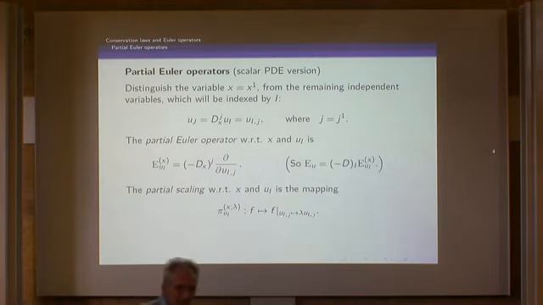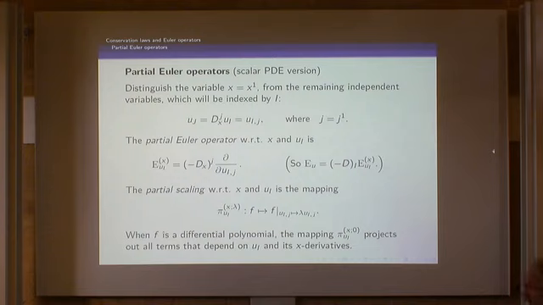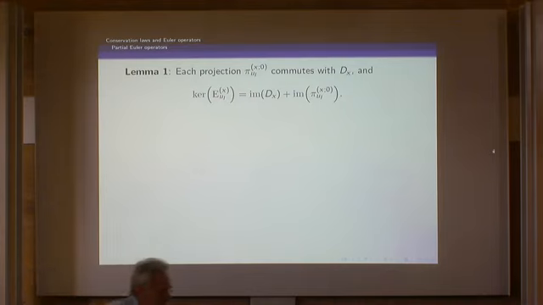But I ignore the other terms, treat them as if they were constants. That's my partial scaling rather than full scaling. Now, in the case that f is a differential polynomial, what will happen is that if I set lambda to be 0, that map projects out all the terms that depend on ui and its x derivatives, but leaves all the other terms there. f doesn't have to be a differential polynomial, but if it is, which is very common in this case, then that's what happens. Okay, so two lemmas.